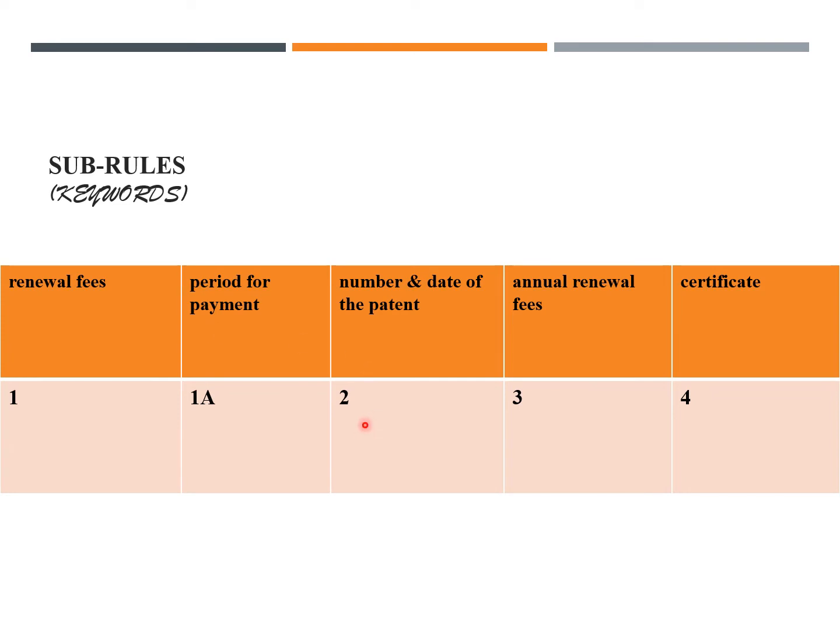The key phrase for sub rule 2 is number and date of the patent, for sub rule 3 it is annual renewal fees, and the keyword for sub rule 4 is certificate. Again, it is chosen as per my convenience, so that whenever I memorize these terms, I can very easily recall the gist of the sub rules of the particular rule. Okay, so let us continue.